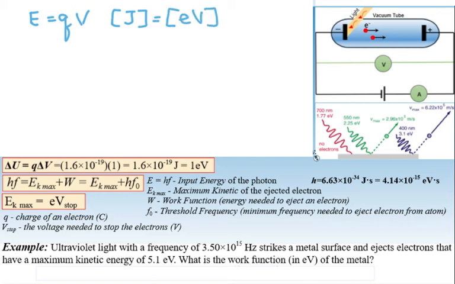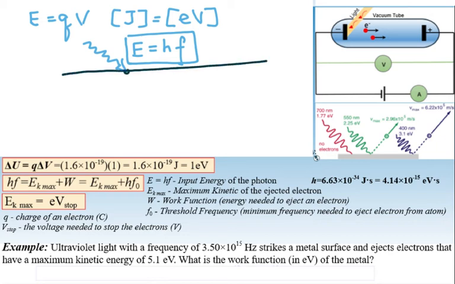And then how do you know how much energy is going to be released? If the photon has some frequency, I can see how much energy the photon has by using the formula h times f: Planck's constant times the frequency of that photon. And the photon hits the metal.